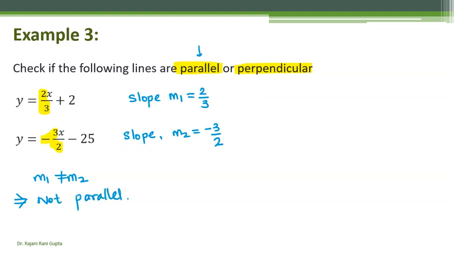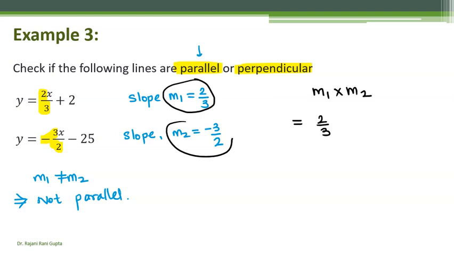Okay, now check for perpendicular. For perpendicular, what are we checking? We are checking the product. So first find m1 times m2. m1 is 2 over 3, and m2 is minus 3 over 2. So how do you multiply two fractions? We multiply numerators together and we multiply denominators together.